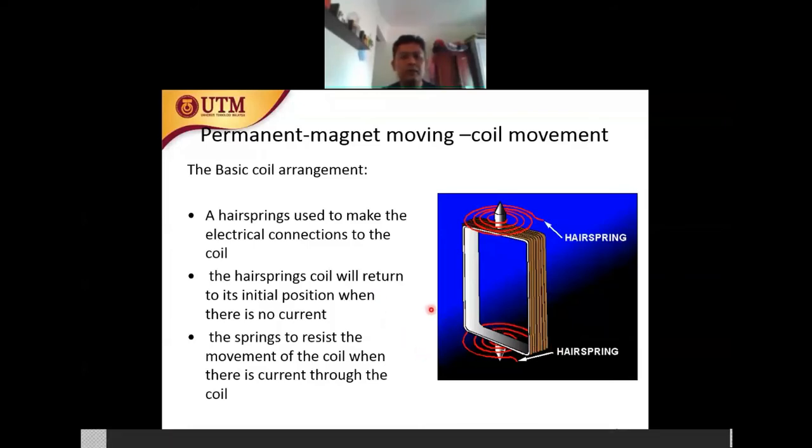Okay. So the purpose of the hairspring is to oppose the amount of force produced by the deflecting torque.